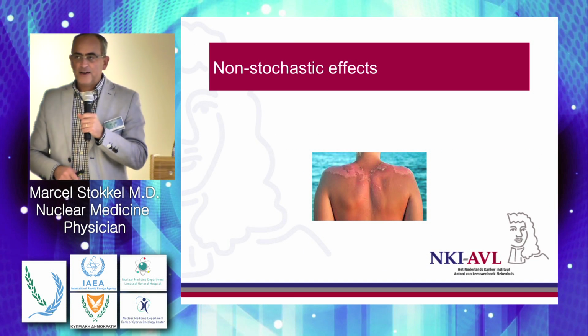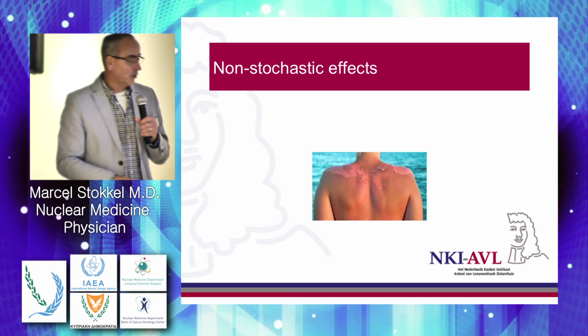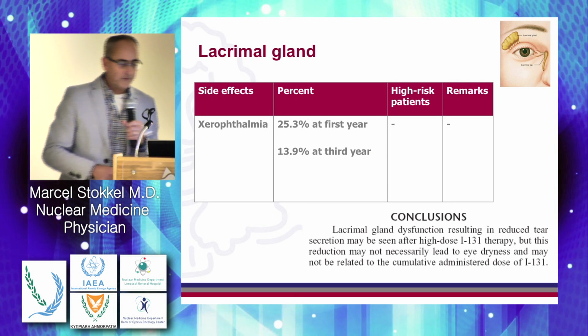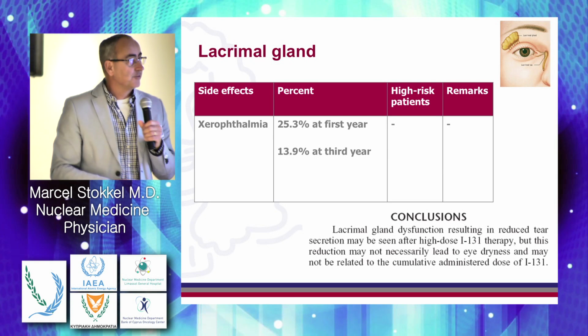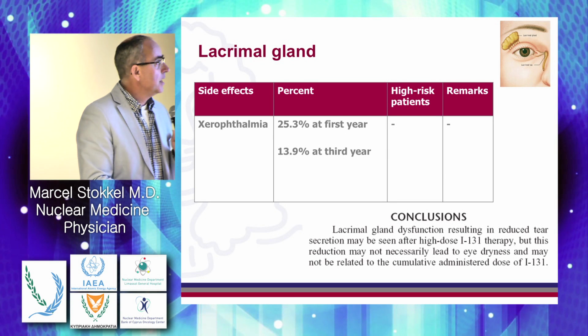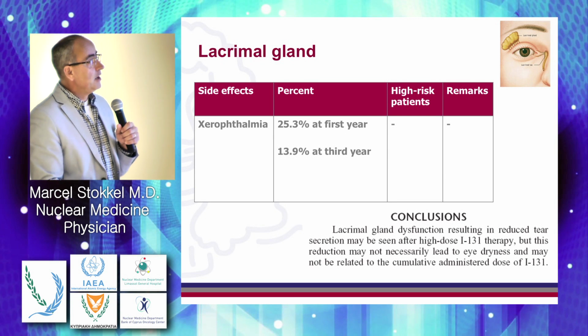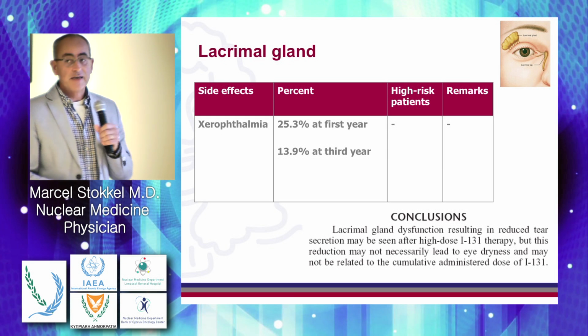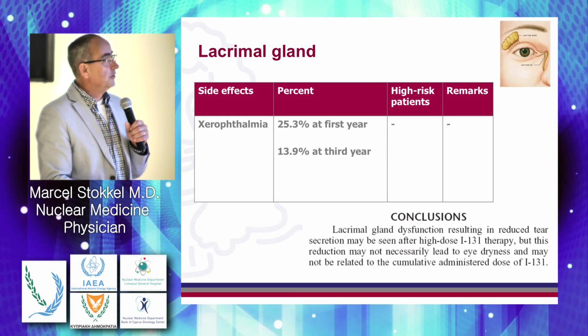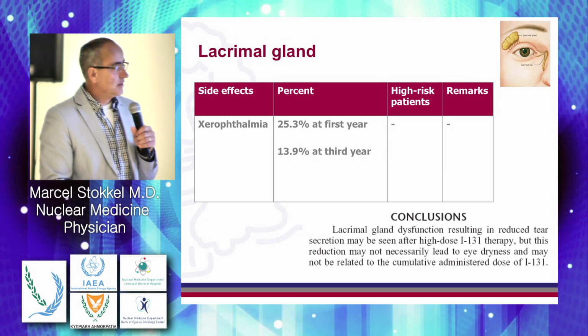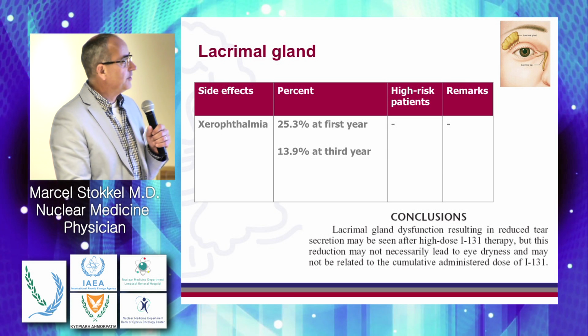The non-stochastic effects are probably less complicated. When we go, first of all, to the lacrimal gland, we know that xerophthalmia may occur in about 25% of the patients in the first year. Thereafter, it goes down a little bit.